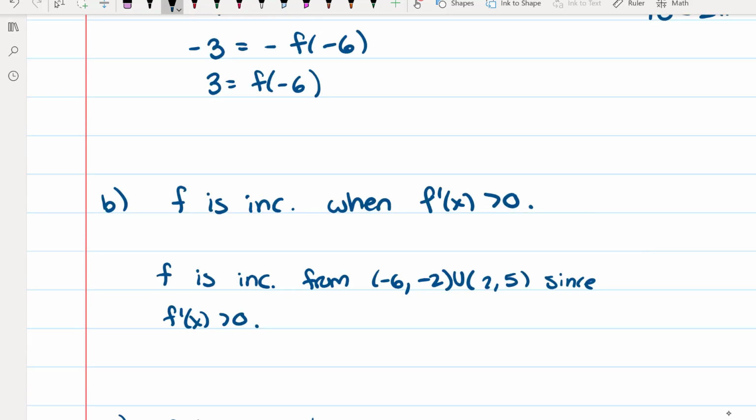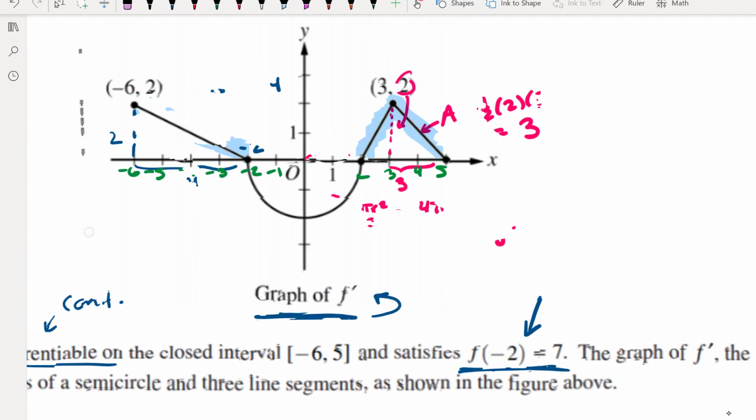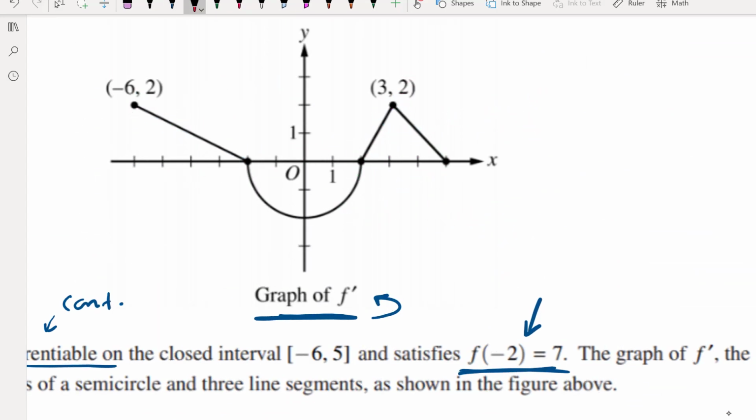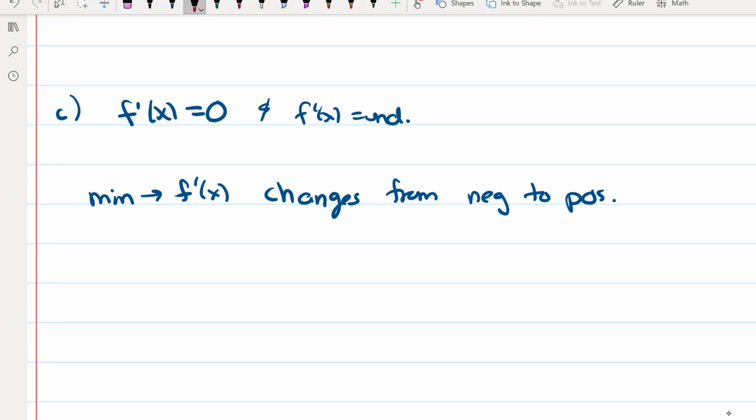So this thing changes. First of all, let me kind of clean this up. So right here is where it changes from negative to positive, and we've got to make sure we check the endpoints. Okay, so this happens at x equals 2.